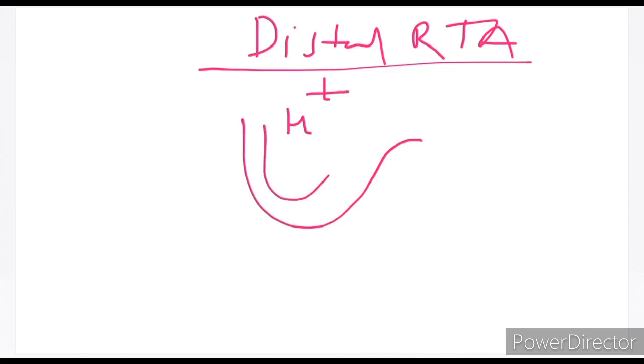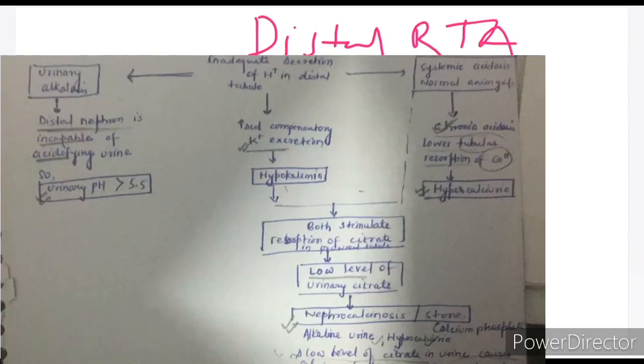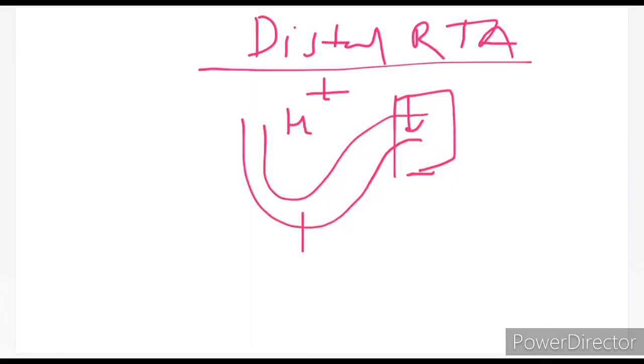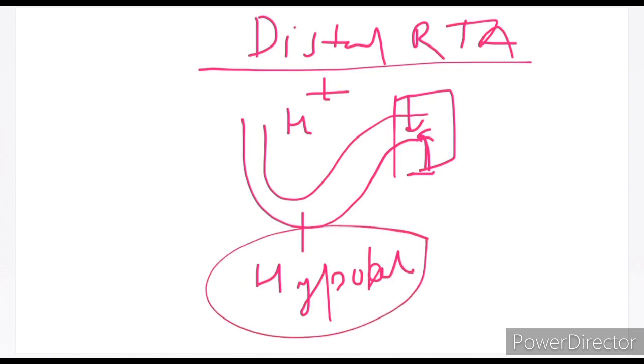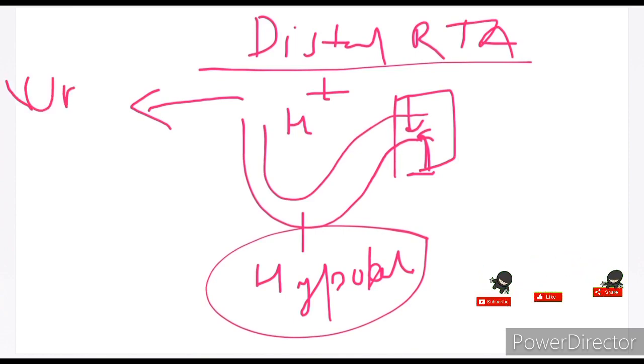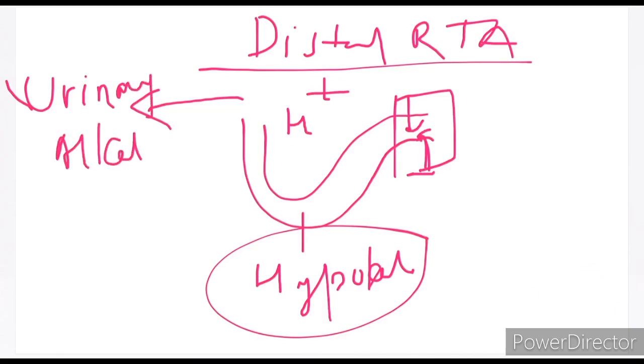Here we have the distal tubule where this defect lies, where there is inadequate secretion of H plus ion, and there is compensatory potassium secretion in the distal tubule. So we have again hypokalemia.